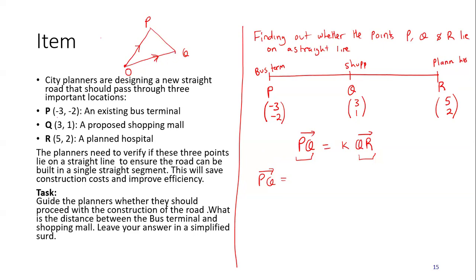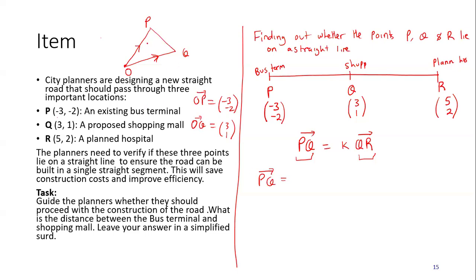Now, these are the original vectors we have, because what you have for the bus terminal are just positions. So you convert them into position vectors. Your vector O to P is -3, -2. Then O to Q is 3, 1.